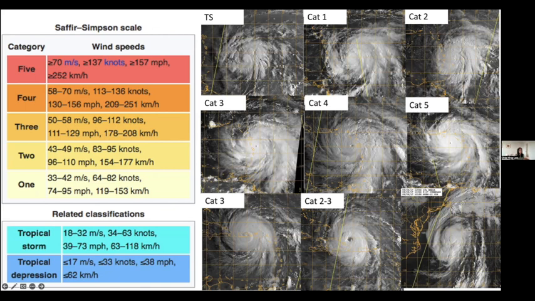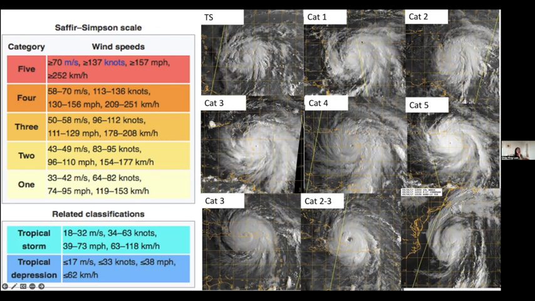Now, if you look at the satellite images on the right, you understand why I say you can estimate how strong the storm is by simply looking at the satellite image. If it is a tropical storm, even though you can start to see a spiral circular cloud, it is not very well organized. And you have pop-up convection, individual pop-up things everywhere.